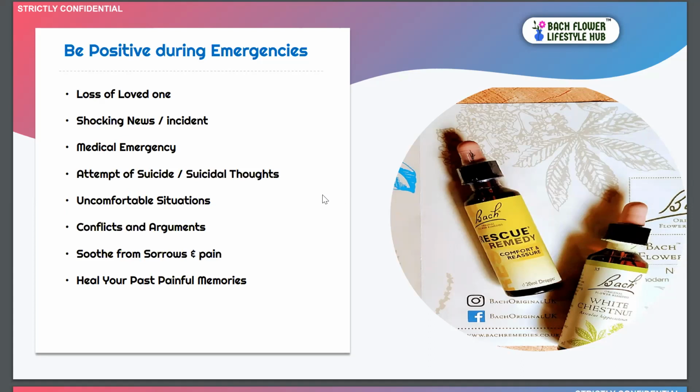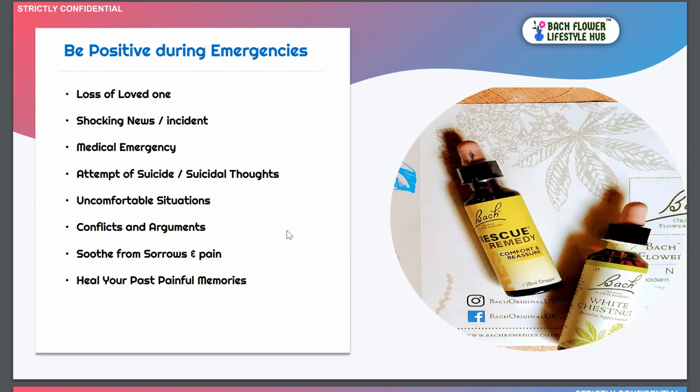Uncomfortable situations which have landed on us, remedies can help us in that, to stay positive, hope for the best. Conflicts and arguments, definitely these kinds of moments which uncertainly come in our life, we can take the benefit of remedies. Soothe from the sorrow and pain, the grief which we get in our life, we cannot avoid it, but we should not carry it throughout our life.